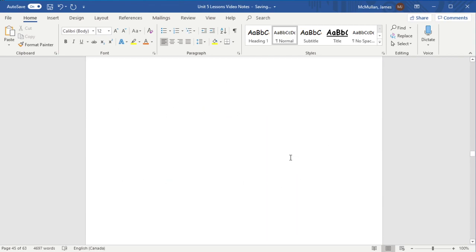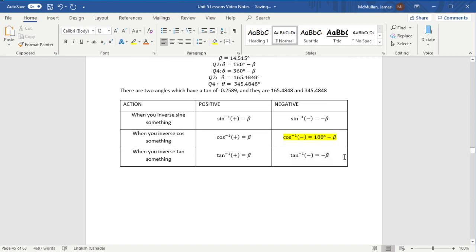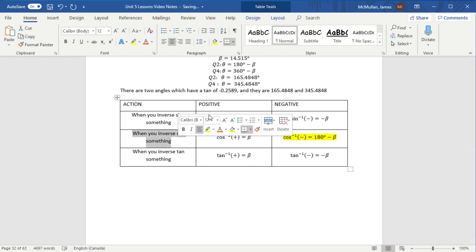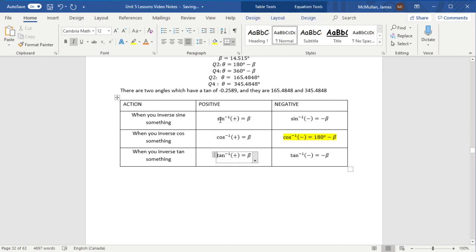Remember, if you inverse cos or inverse sine or tan a positive, you get beta. If you do a negative, you get negative beta. But sine is positive in quadrant 1 or quadrant 2, which means when you're working with a triangle, you can't tell if the angle is obtuse or acute. Cos does not have this problem, because if you inverse cos a negative, it gives you an obtuse angle.